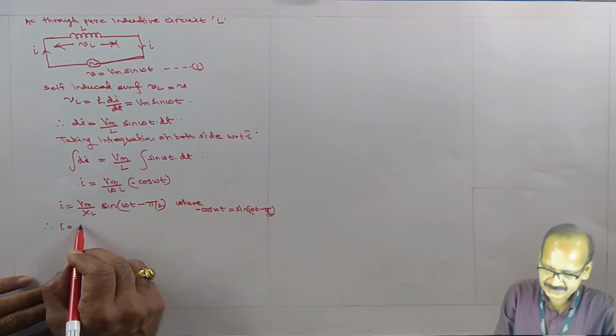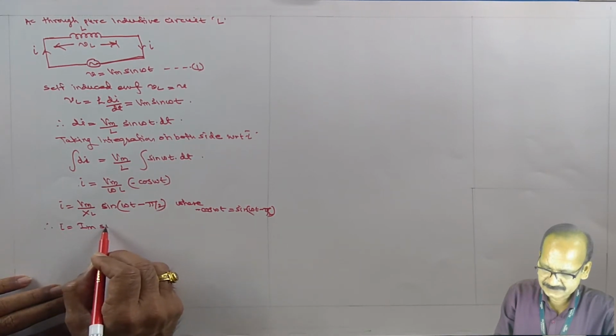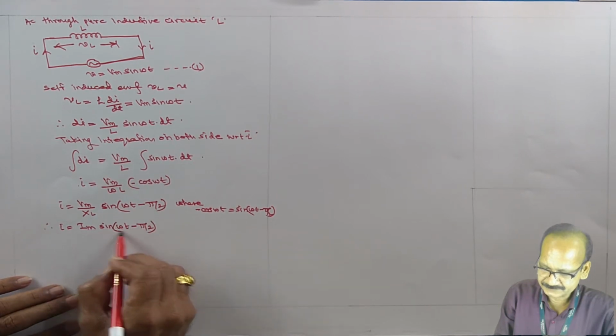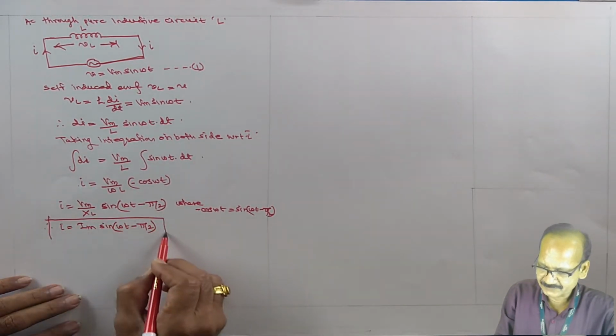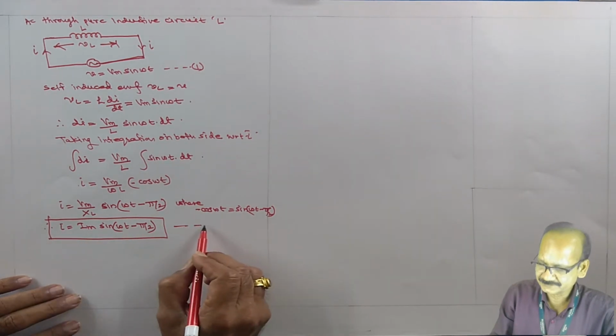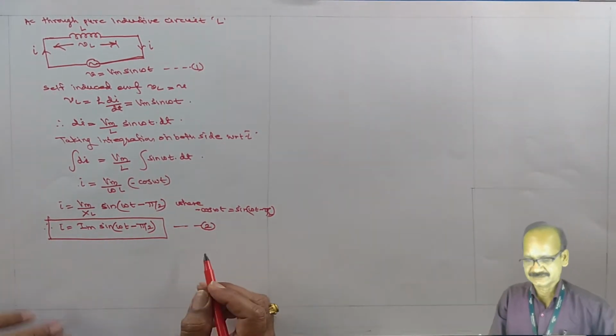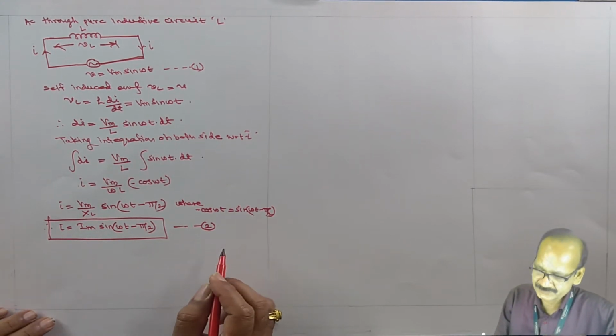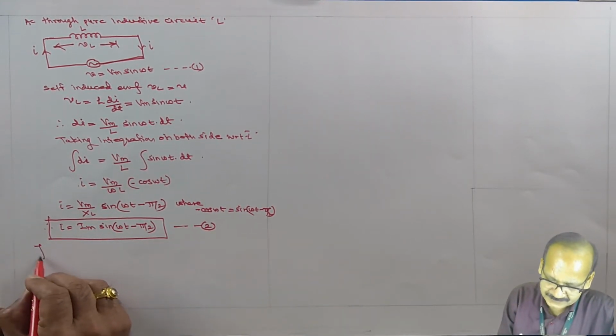Therefore i equal to I max sine omega t minus pi by 2. So this is the expression for current flowing through the inductance.